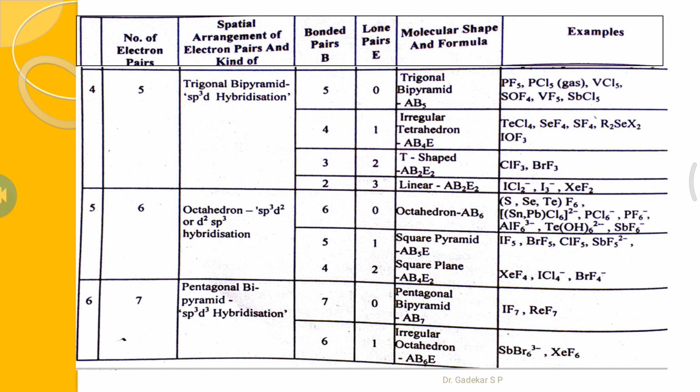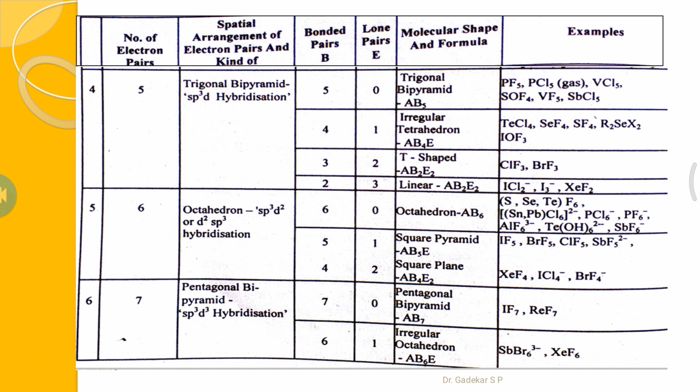Fourth example contains 5 electron pairs, with trigonal bipyramidal geometry and sp3d hybridization. If the molecule contains 5 bond pairs, it has a trigonal bipyramidal shape. Okay, example PF5.